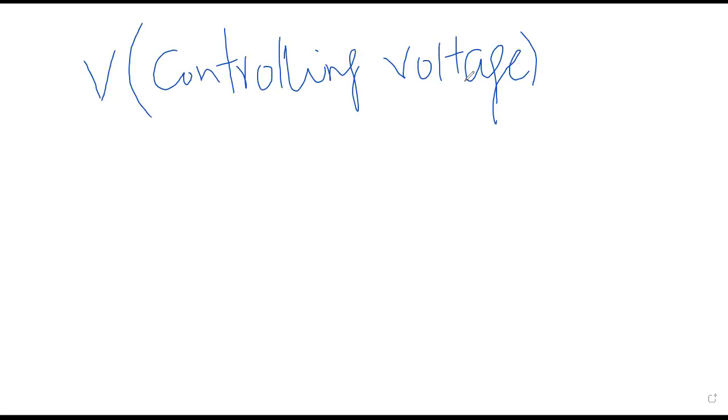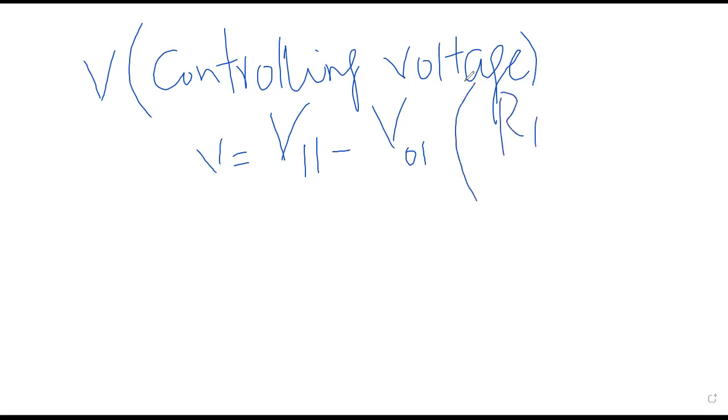So generally, smaller v equals, for this circuit, V11 minus V01, we find V01 for V1, R1, for R2 upon R2 plus R3.